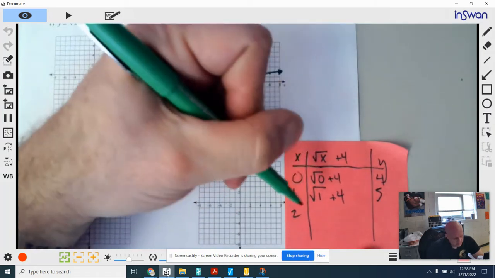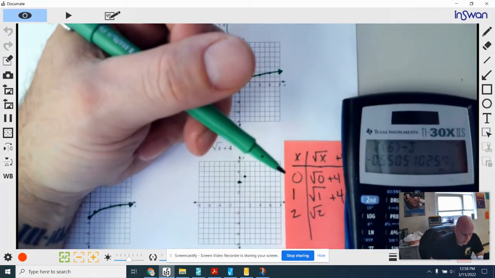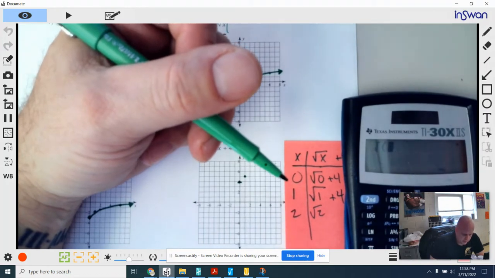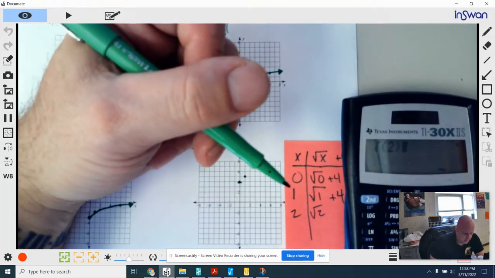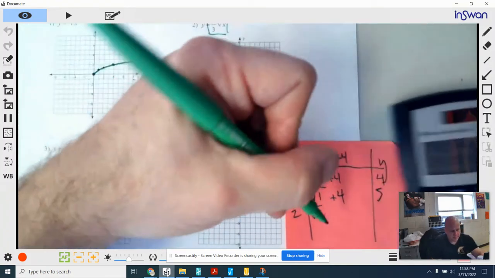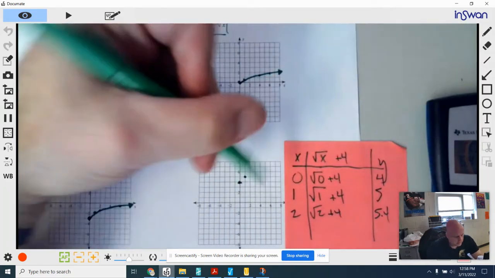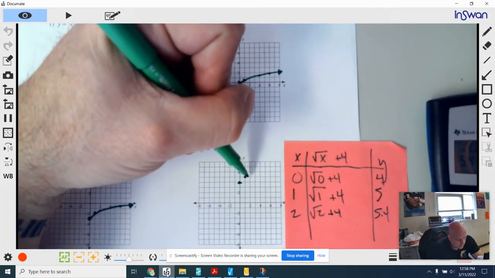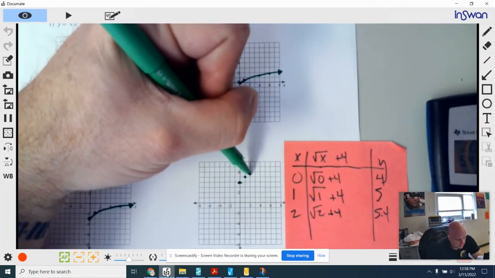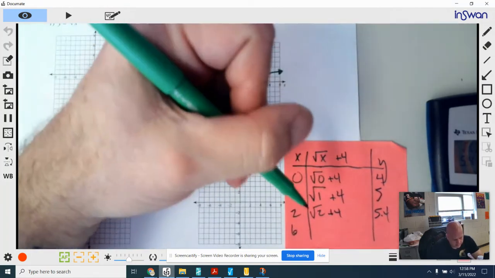Okay, let's try a 2. Again, I know that's not going to be a whole number there. So I'm going to do square root of 2, closing parentheses, plus 4, and I get about 5.4. So at 2, I'm very close to about 5.5. Okay, let's try 6 now.